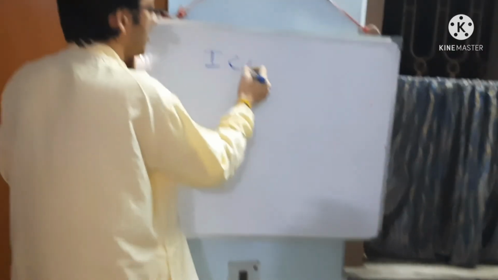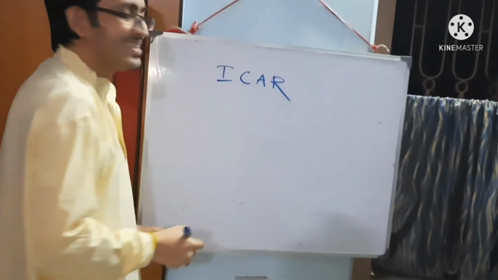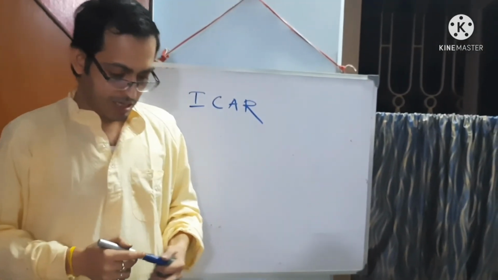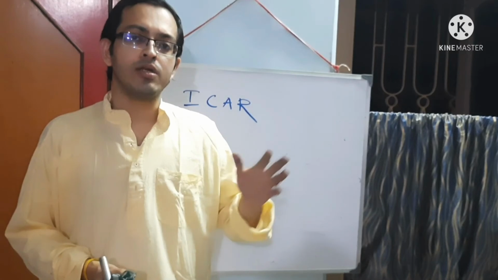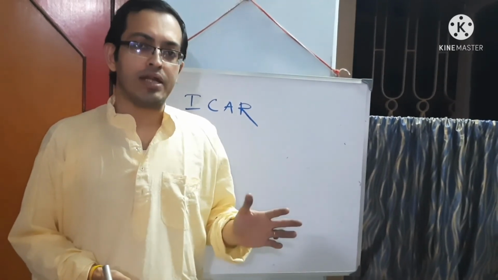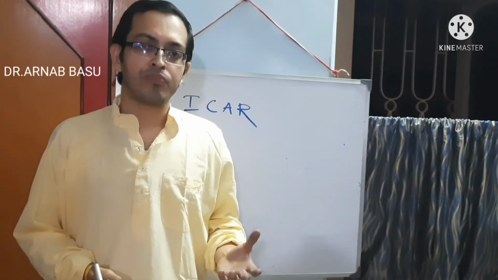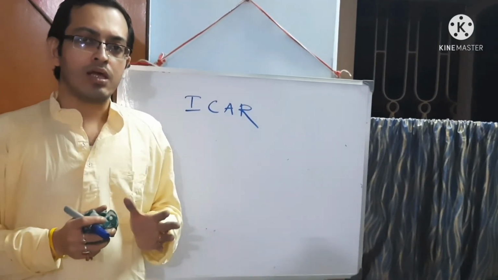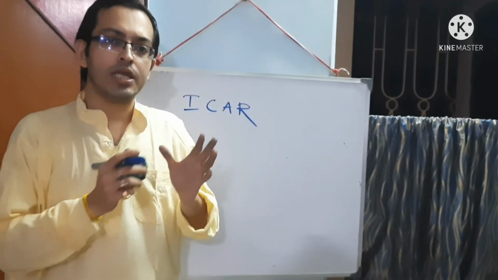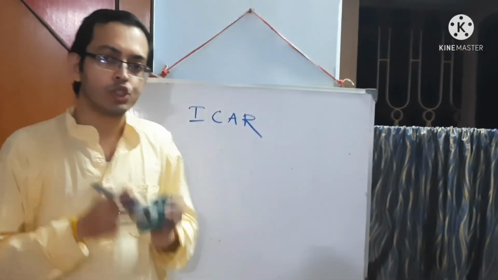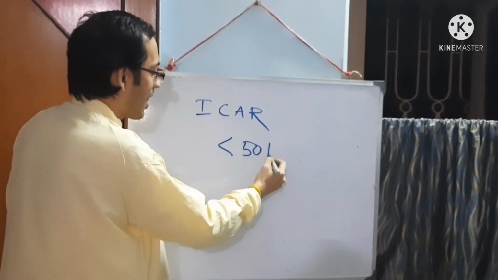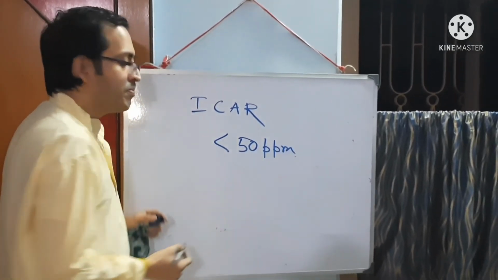According to the ICAR, Indian Council of Agricultural Research report, it is mentioned that for scientific fish culture, the desirable chemical oxygen demand value should be less than 50 ppm.